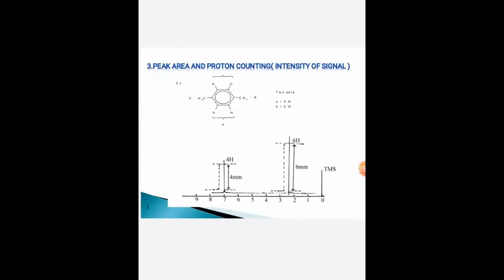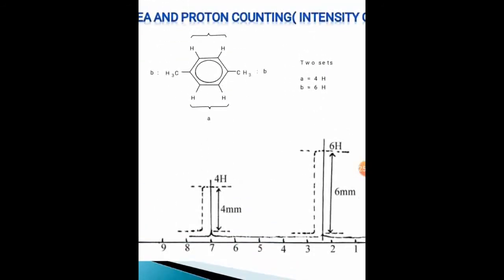Now the third point is the peak area and proton counting, that is, the intensity of the signal. See here, for this paraxylene there are two sets of protons. The first set is the 4 hydrogen atoms of the aromatic ring, and the second set is B, the 6 hydrogen atoms, or 6 protons, of 2 methyl groups.